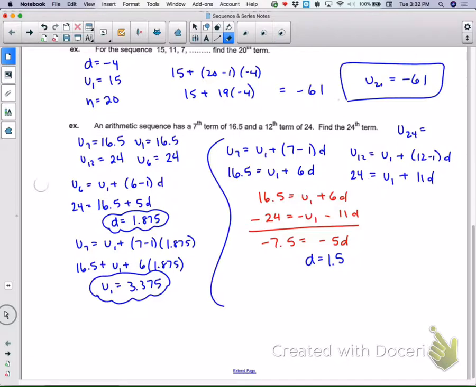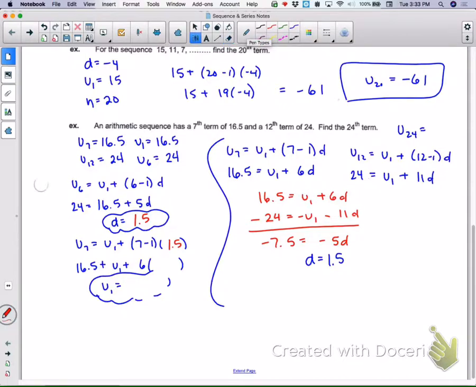Okay, let's go back to when I did this the first time. The d is 1.5. The problem is when I worked this out on my paper, I made a mistake. I did it a little bit of a different way and then copied it down wrong. So back over here, if you actually do this math, the math that I have written down is right. If you subtract 16.5 and then divide by 5, you end up with 1.5. So that's going to change this right here, and that's going to change your first term.